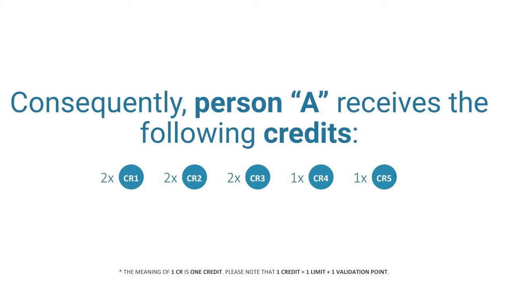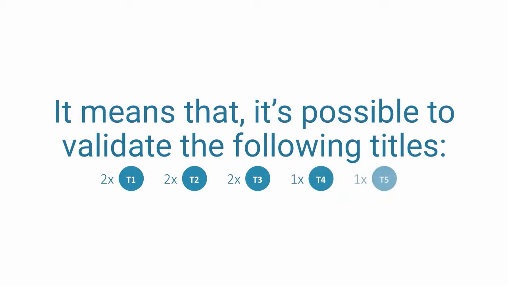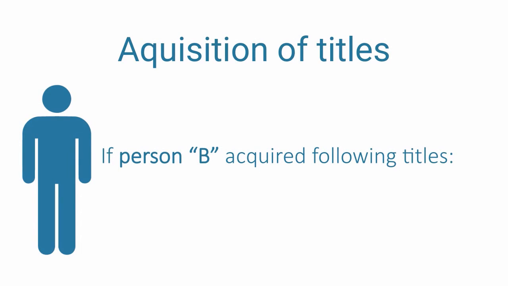Don't forget that 1 credit means 1 limit plus 1 validation point. Practically, it means that person A can validate 2 T1, 2 T2, 2 T3, 1 T4, and 1 T5 for free.